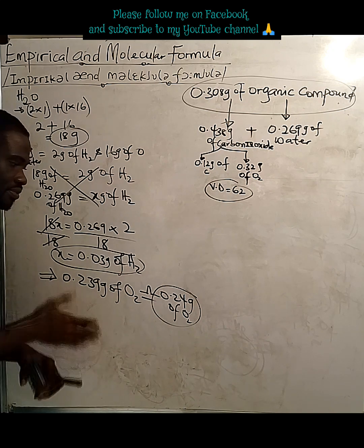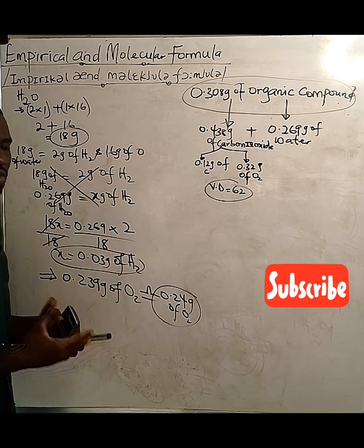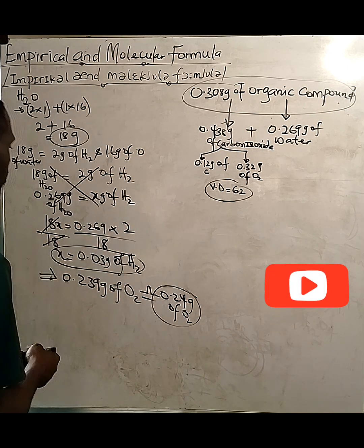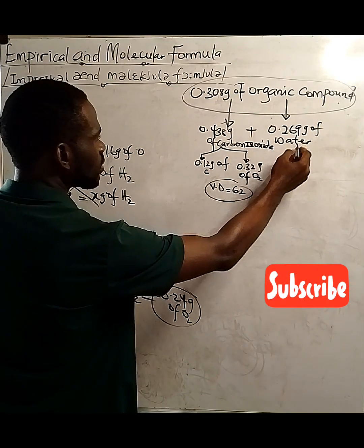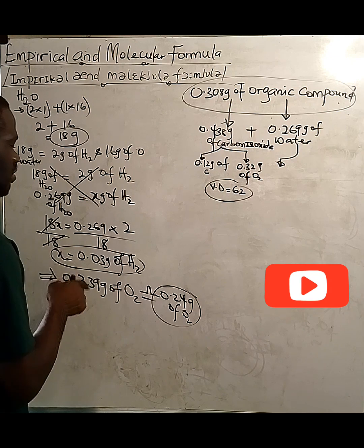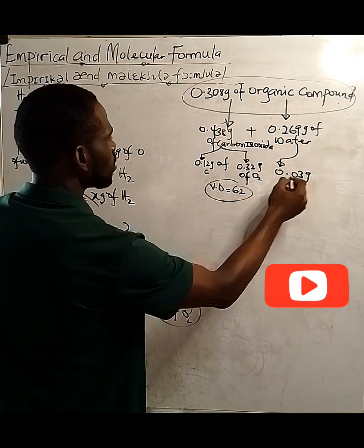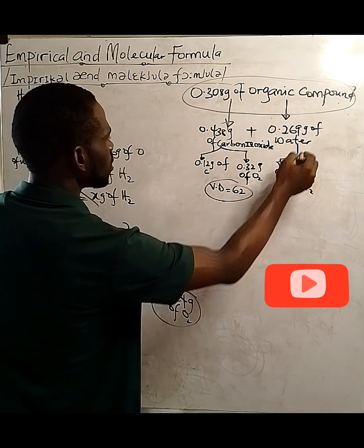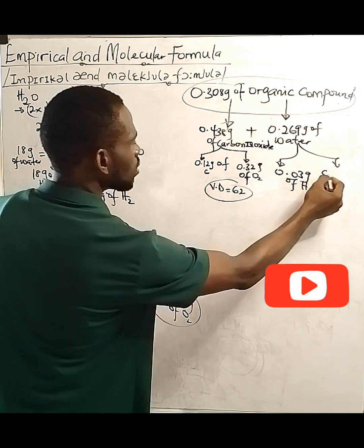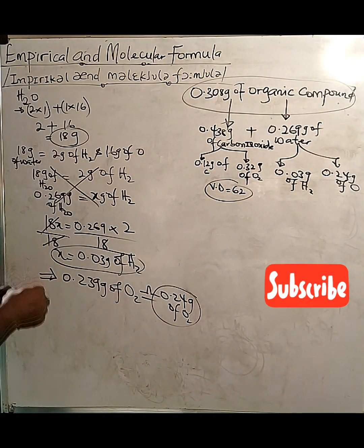So we are done with this analysis. So we're going to transfer it over there. So the next thing we're going to do now is to draw our table and finish up the whole thing. So right here, this is our analysis for this. 0.269 gram of water contains 0.03 gram of hydrogen and then 0.24 gram of the oxygen that we have.